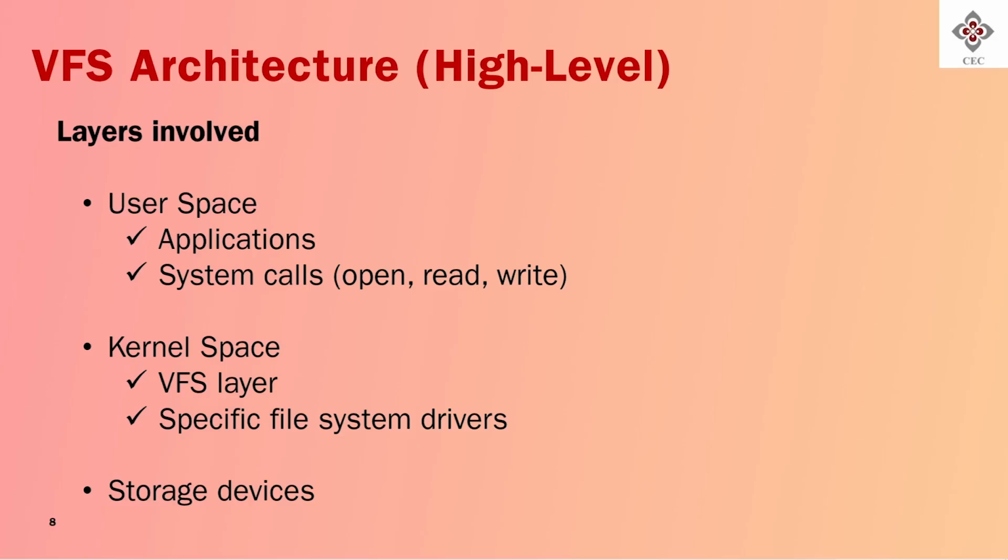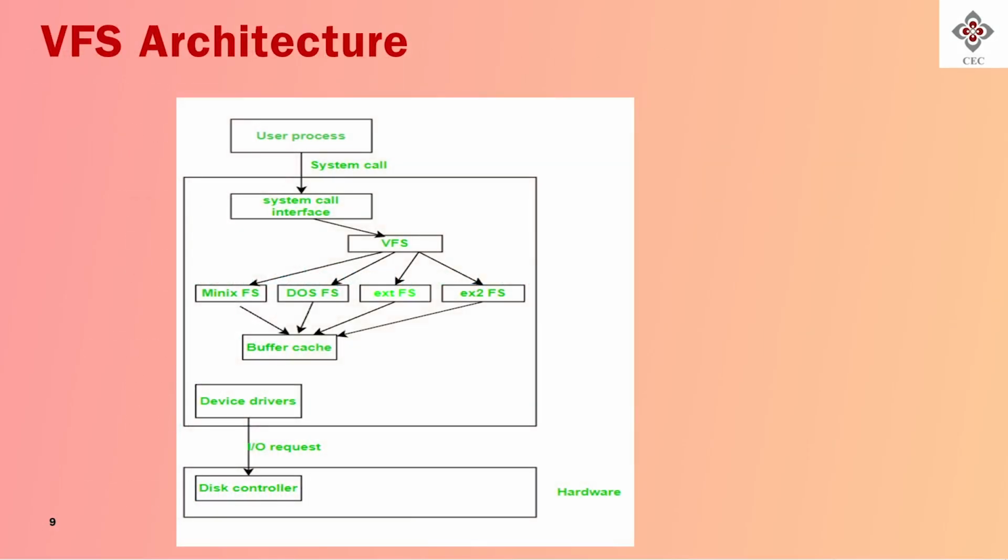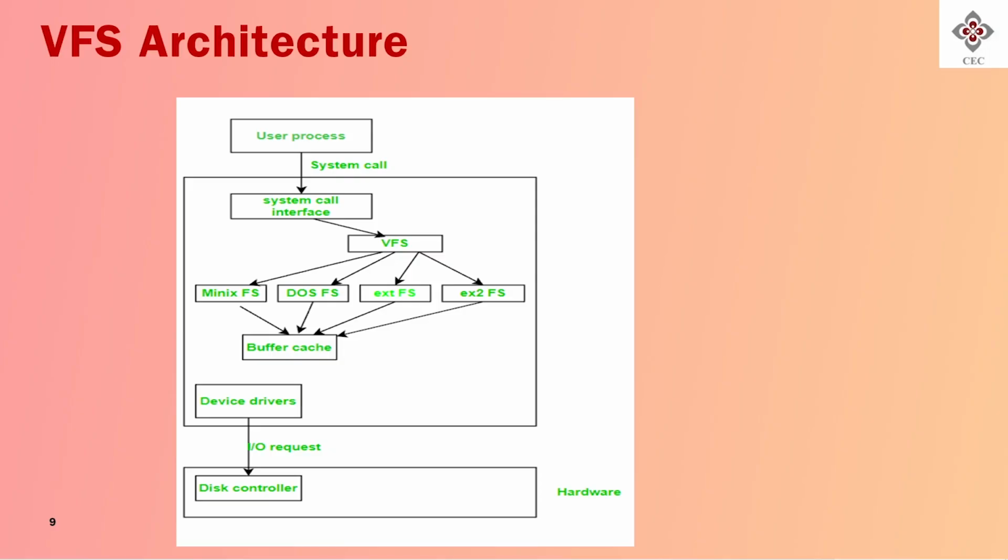If you look at this architecture in the form of a diagram, we have the user process which has multiple system calls that it may invoke. These system calls will be given to the system call interface. This interface will receive the system call and interpret it, and based on the type of system call invoked by the application, the corresponding routine will be generated and given to the virtual file system.